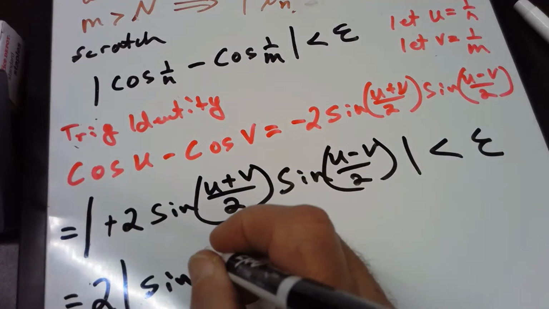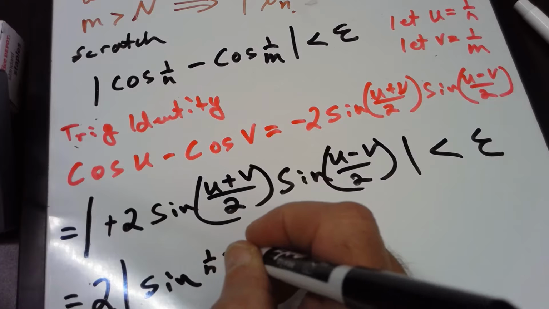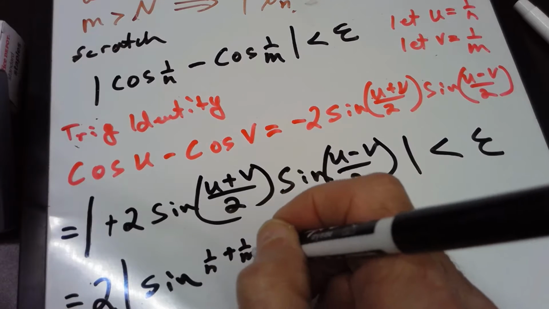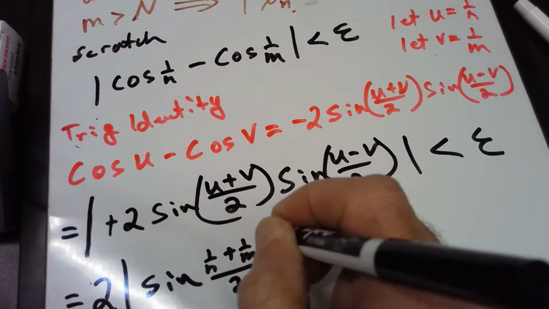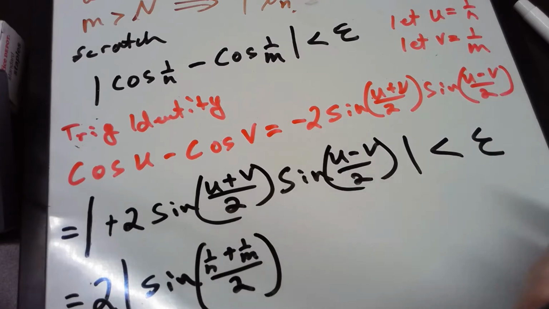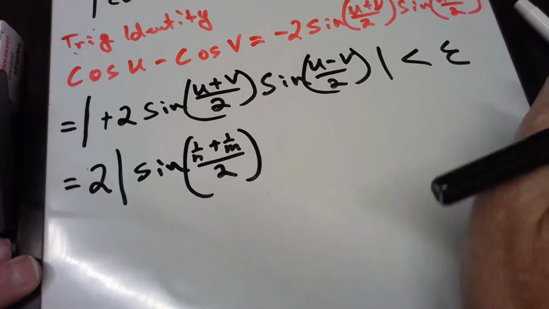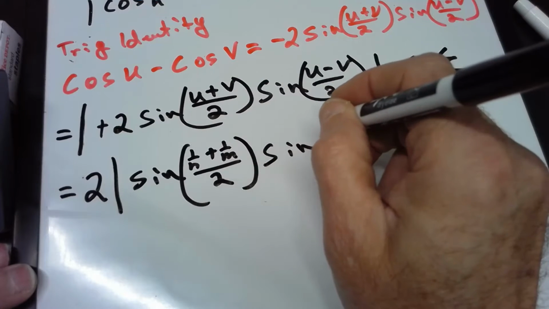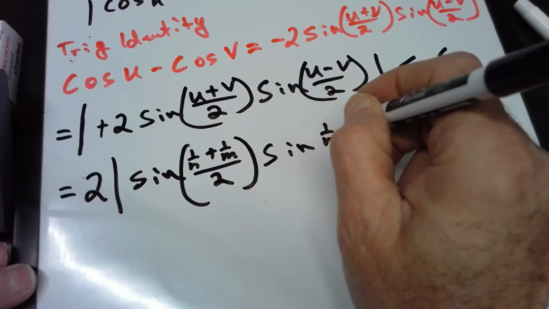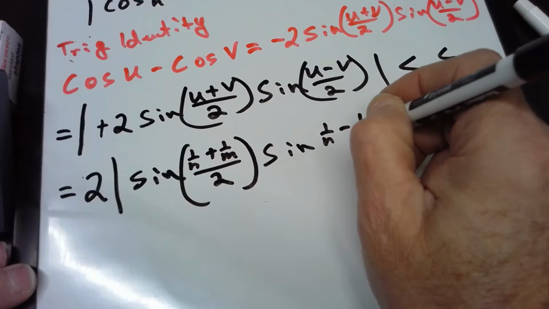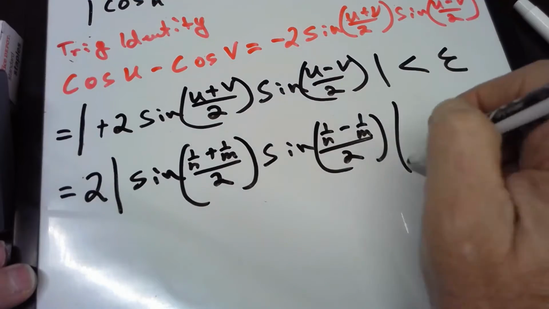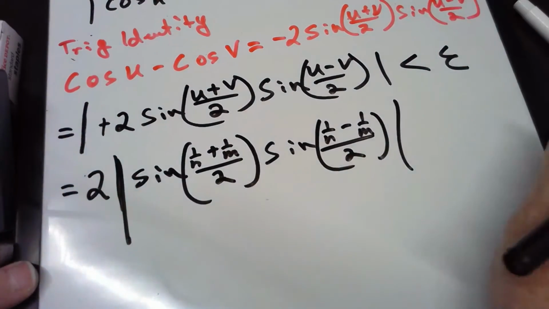So this will be 1 over n plus, and v we said was 1 over m, and that's all over 2. And then we have sine of 1 over n minus 1 over m, and that's all over 2, and that's absolute value.